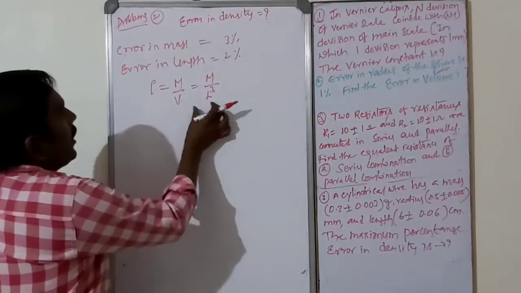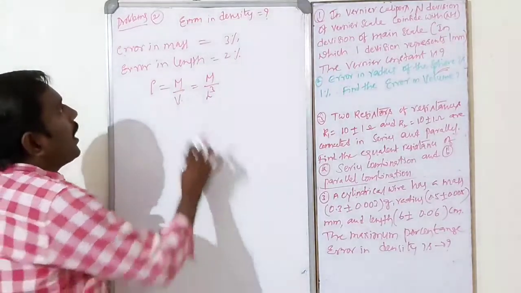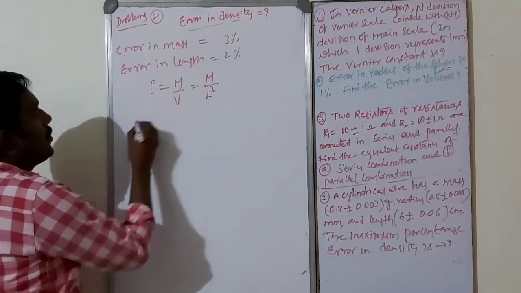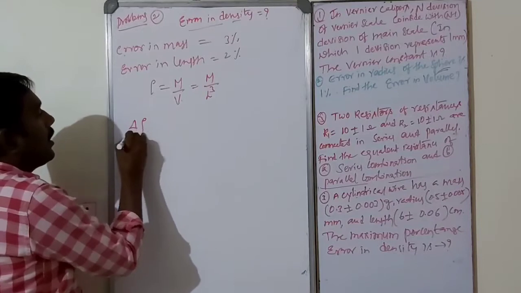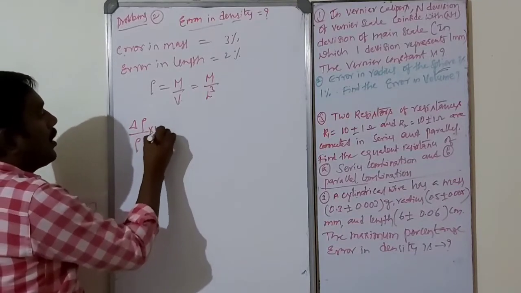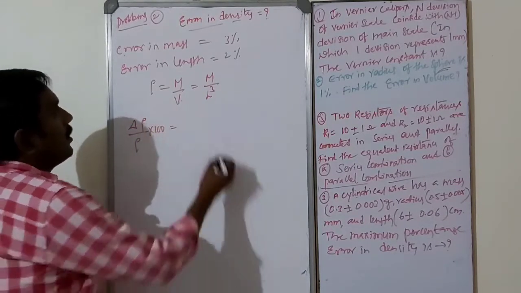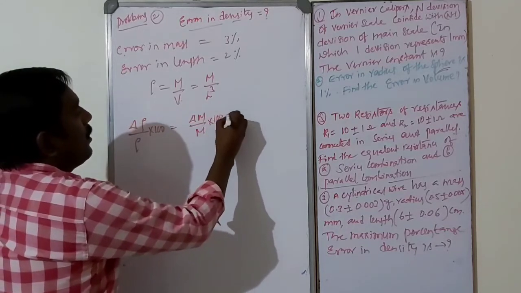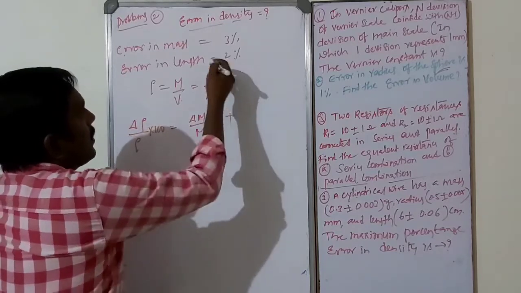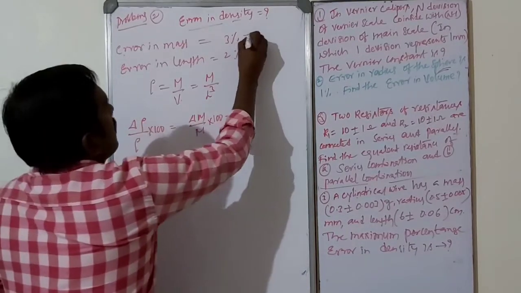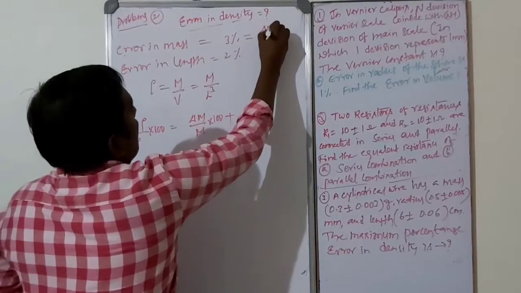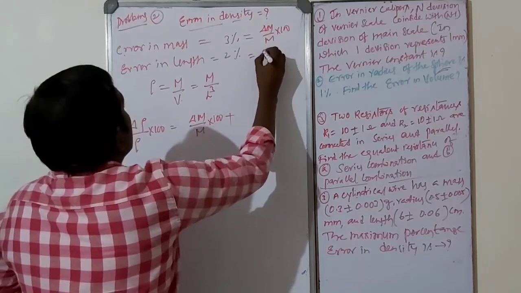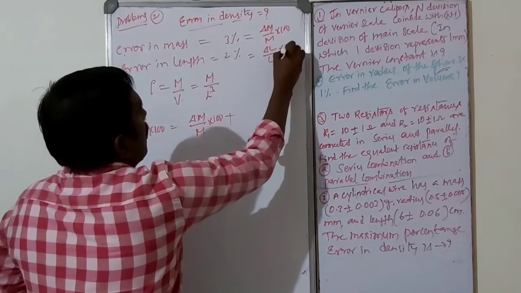Then we calculate density. We calculate error in density, that is percentage error in density only. So percentage error, delta rho by rho into 100, is equal to delta m by m into 100 plus 3 into delta L by L into 100.